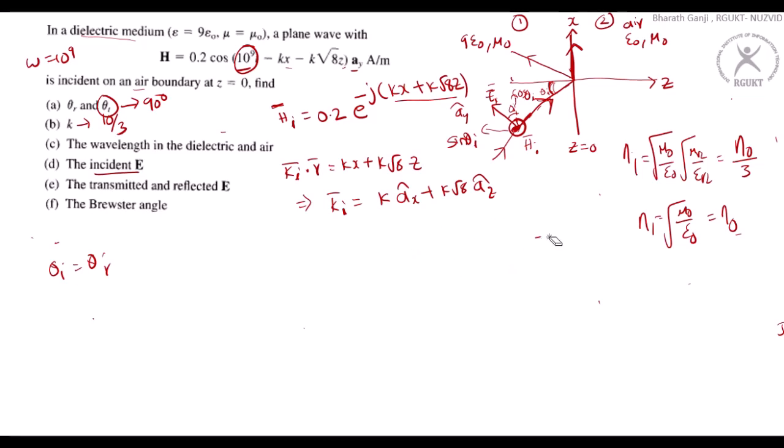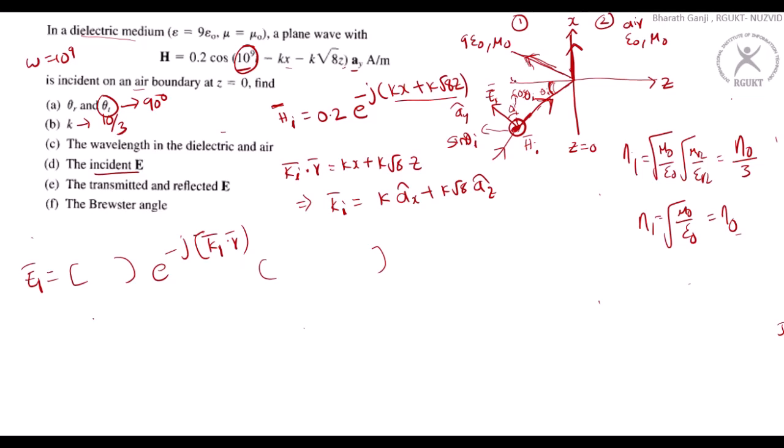In any case the reflected electric field expression looks like this. The reflected electric field is some magnitude and e power minus j kr vector dot r vector, and the direction. Okay. So this is my reflected wave.